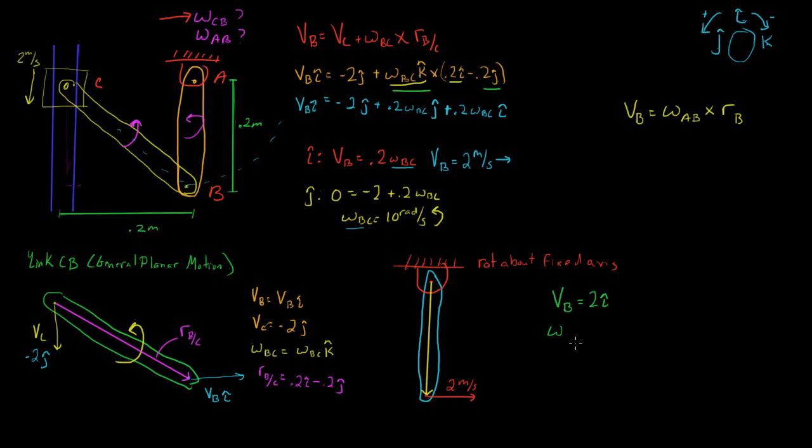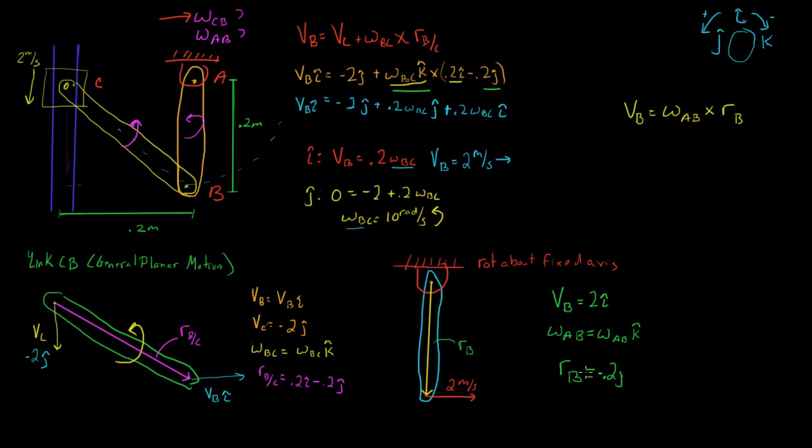My omega AB is unknown, so I'm going to assume it's positive, and it has a positive k component. And this RB is this distance starting from the fixed axis to the point we're looking at, and RB is going to be down 0.2 meters, so minus 0.2j, because we have to go from here to here.